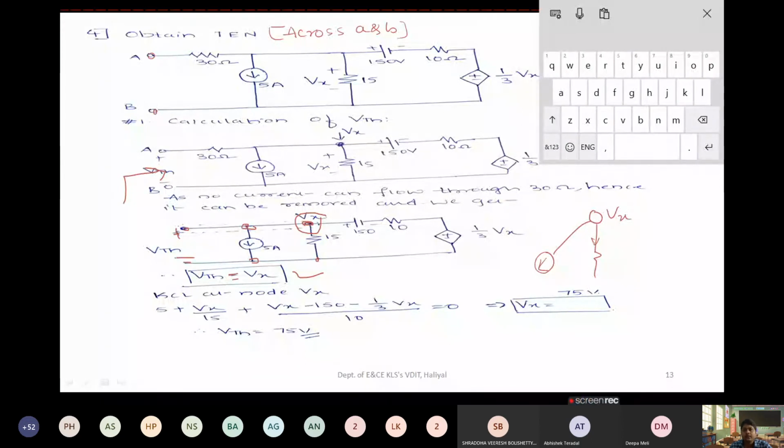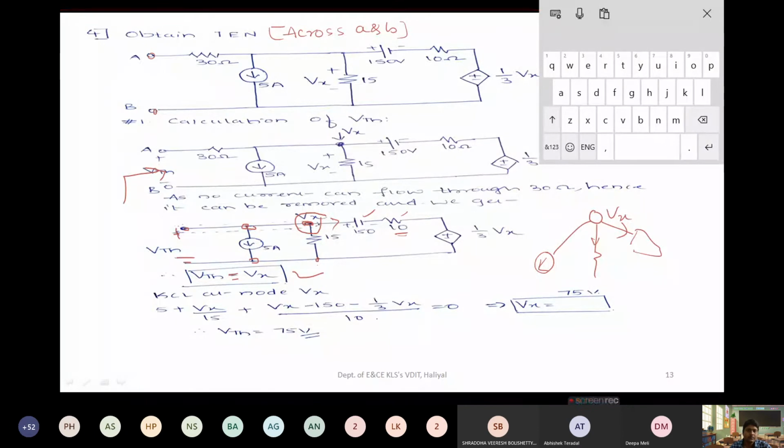On the other side you have this voltage source and resistor, again with outgoing current. So we get 5 plus Vx divided by 15, plus Vx minus 150 minus 1 by 3 Vx, whole divided by 10.